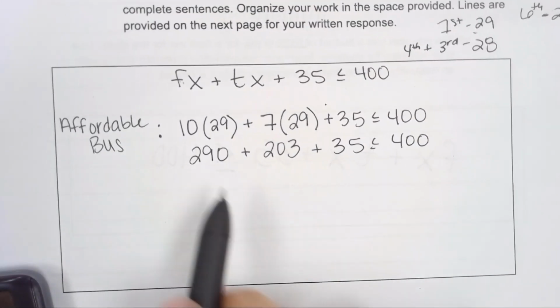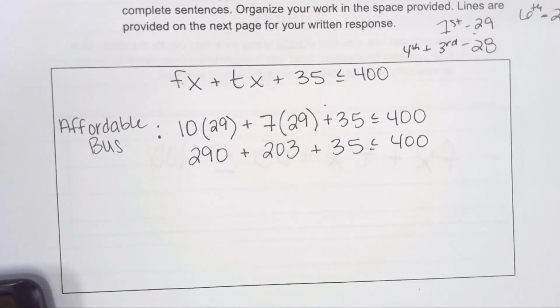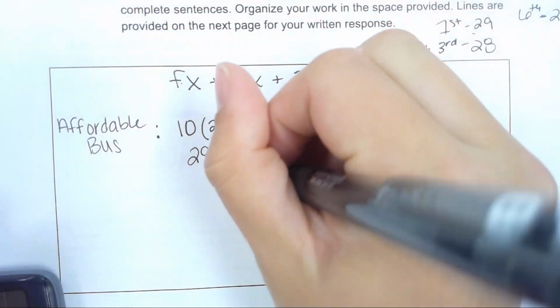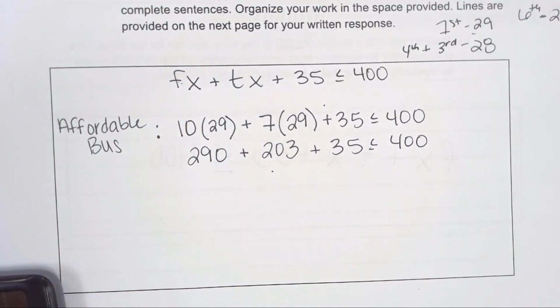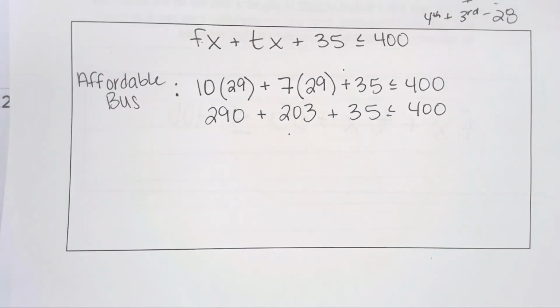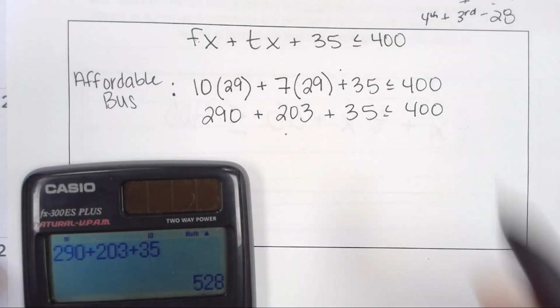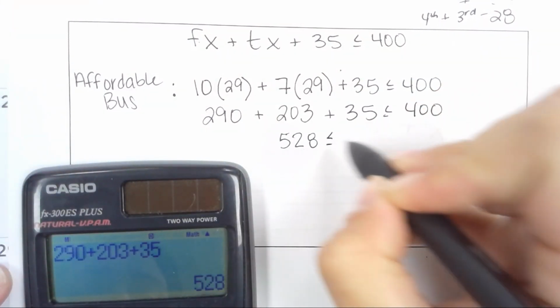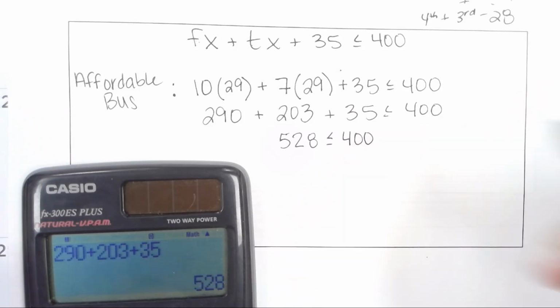Now I'm still going to simplify all these together. So 290 plus 203 plus 35 equals... So when we add all those numbers up together, I got 528 is less than or equal to 400.